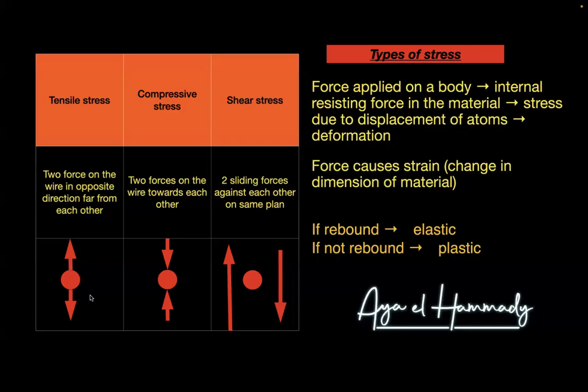If me and Rahim, 50 plus 50, hit the ball with 100, it will move far away. So two forces toward each other are completing and helping each other. But tensile is two forces opposite each other, pulling.